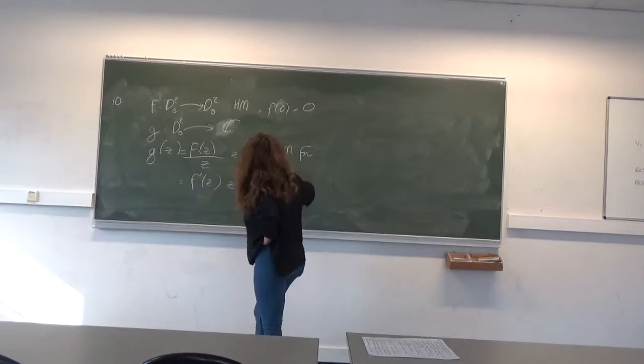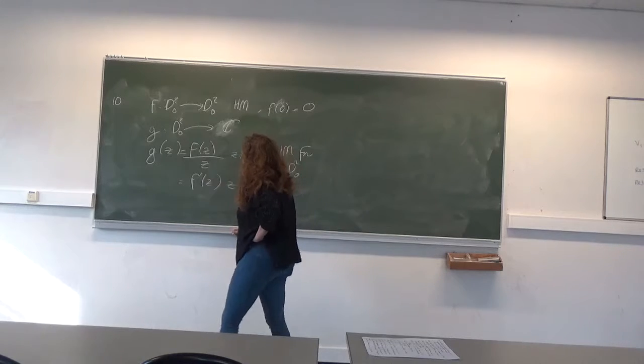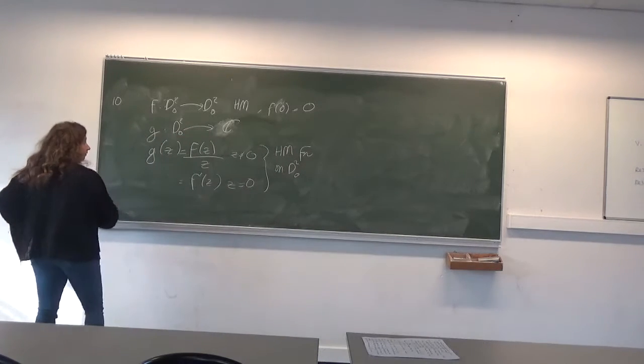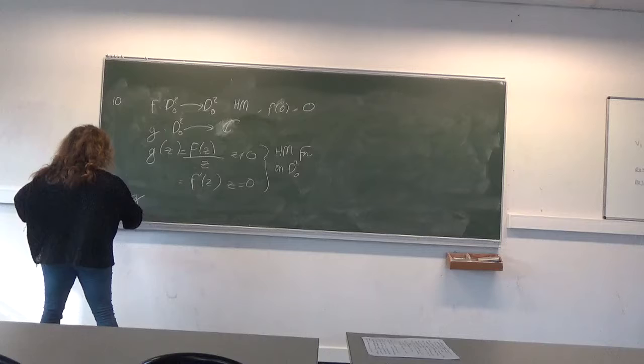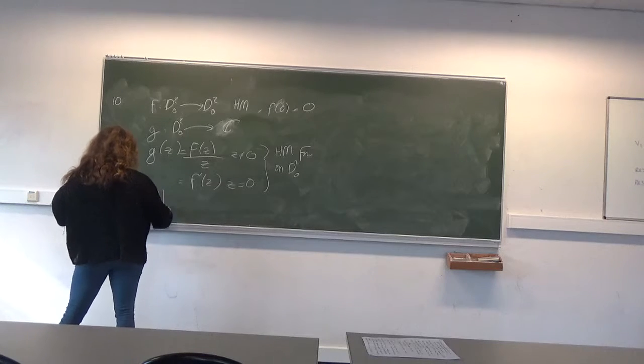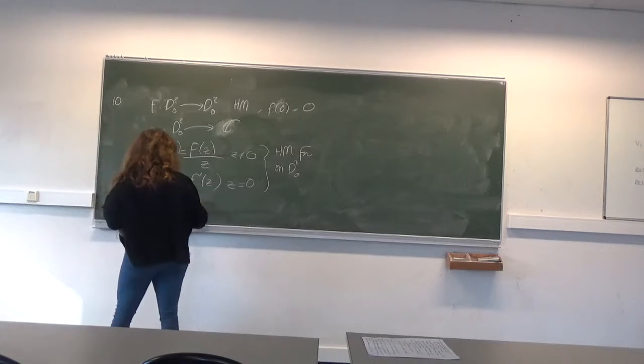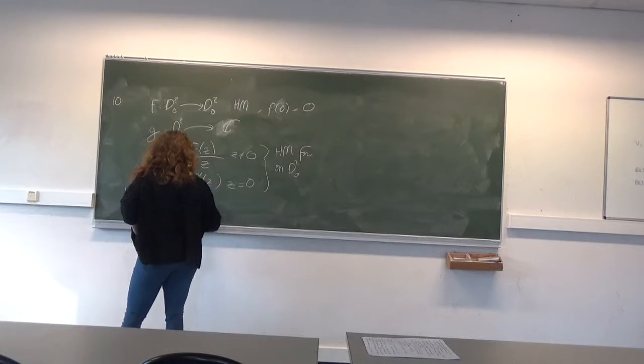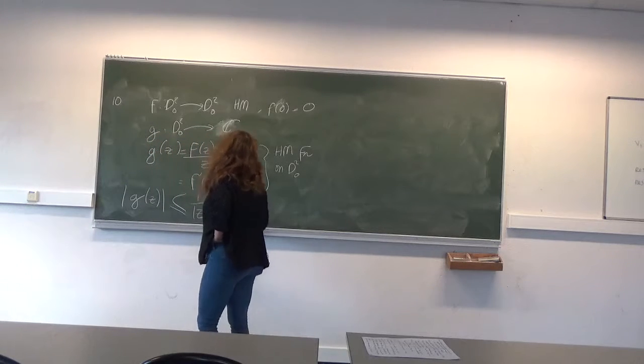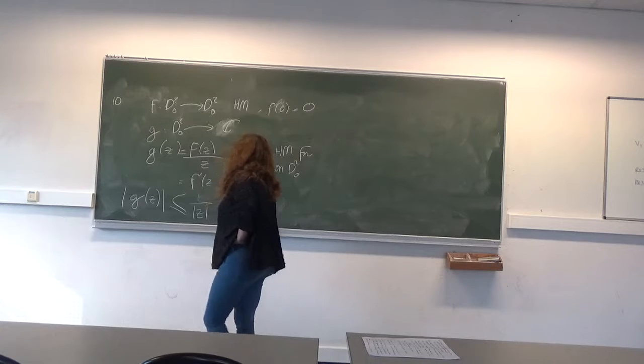on D2, 0. Now I note that if we have that g of z is less than or equal to 1 over norm z for all z.